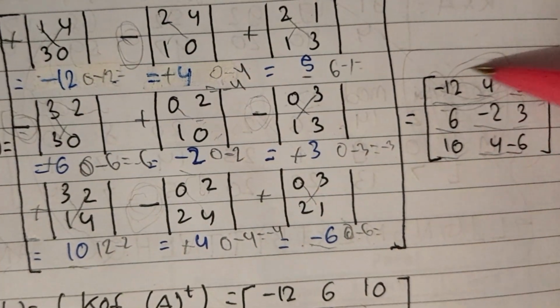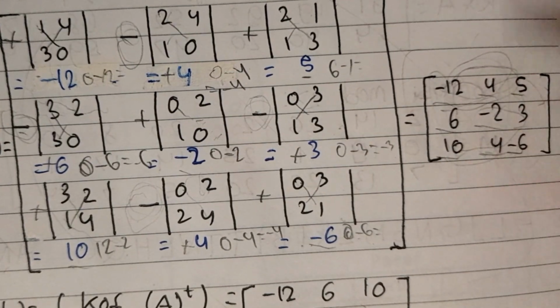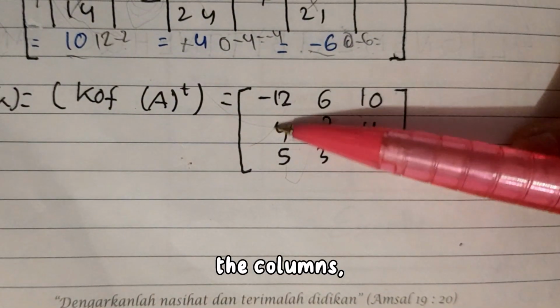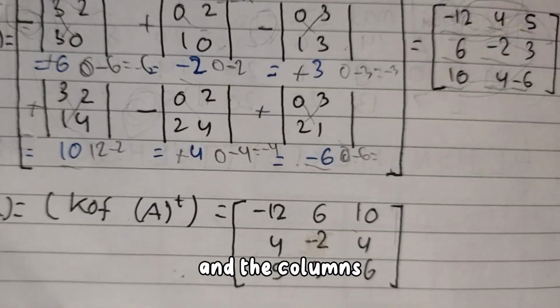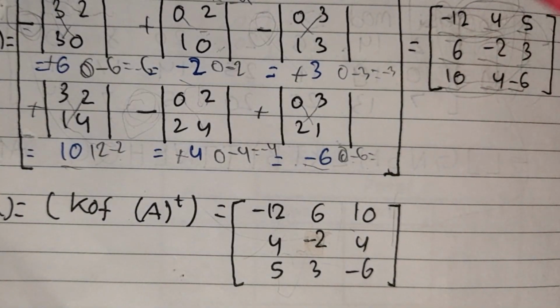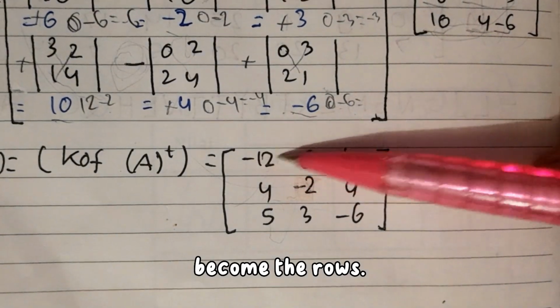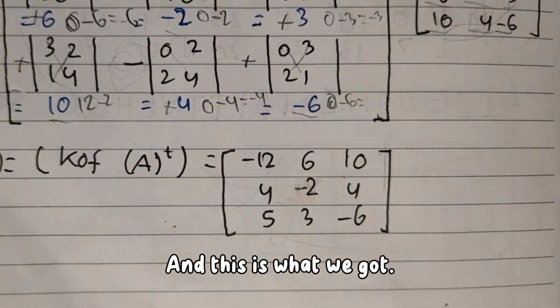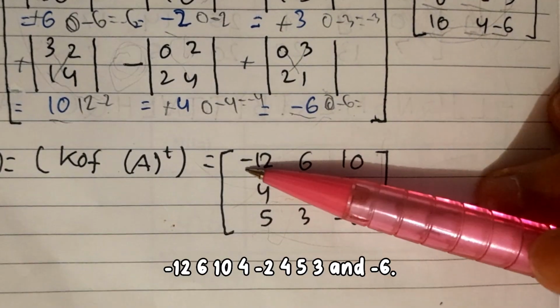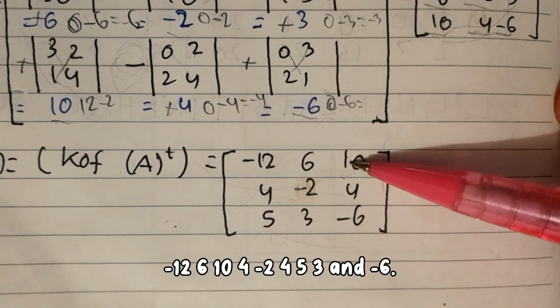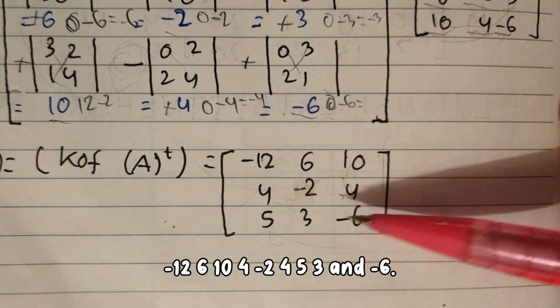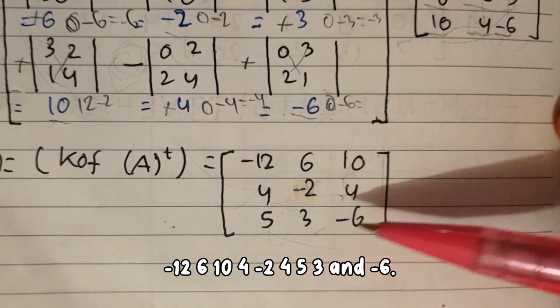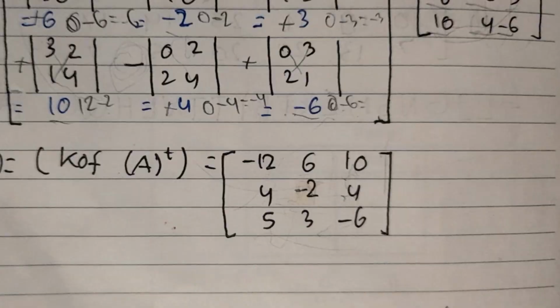The rows become the columns. And the columns become the rows. And this is what we got. Negative 12, 6, 10, 4, negative 2, 4, 5, 3, and negative 6.